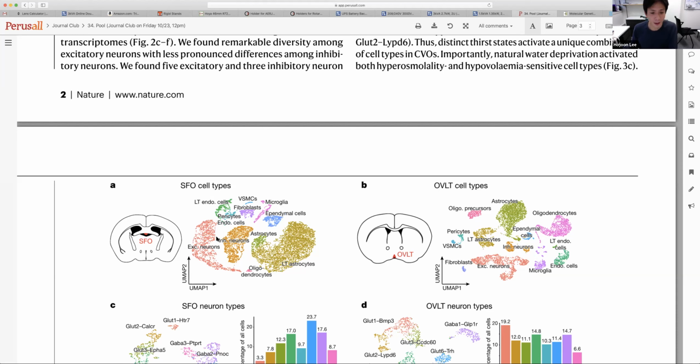But you can divide them up into excitatory neurons versus inhibitory neurons. But these are based on very well-known cell types, right? You would expect fibroblasts to be different from astrocytes, for example.